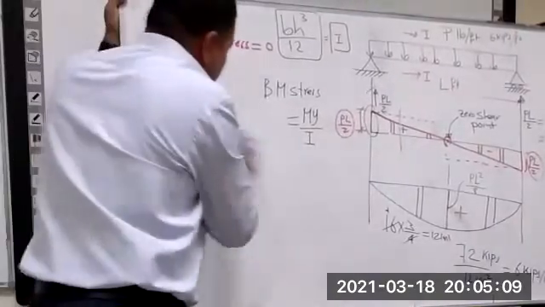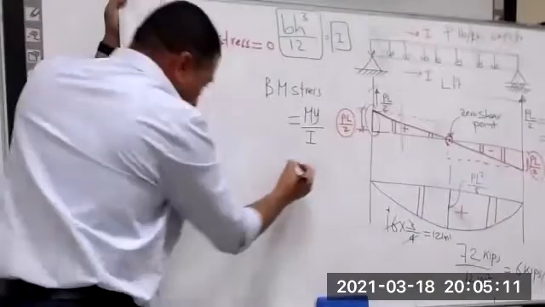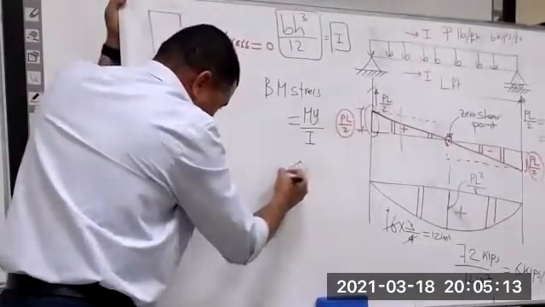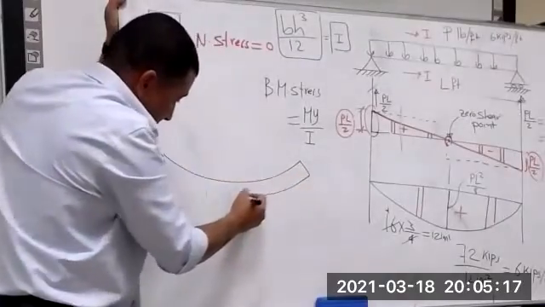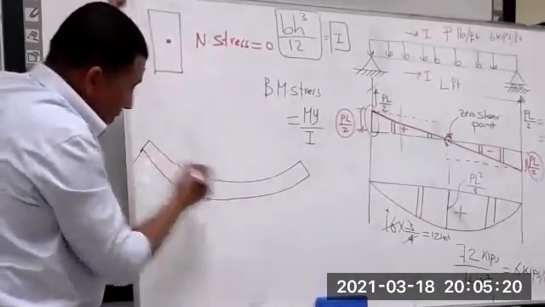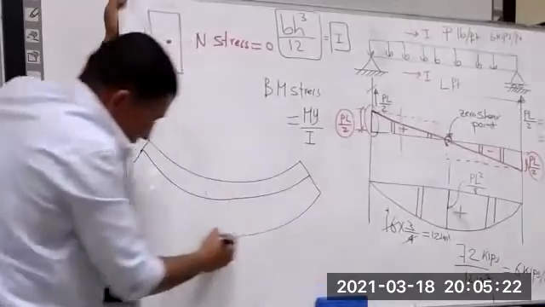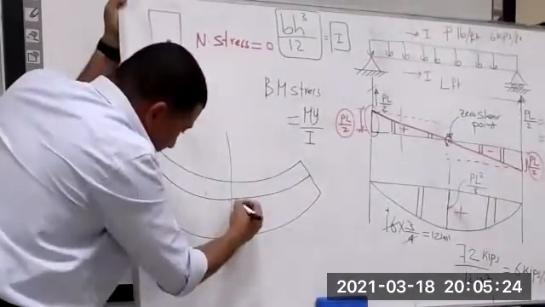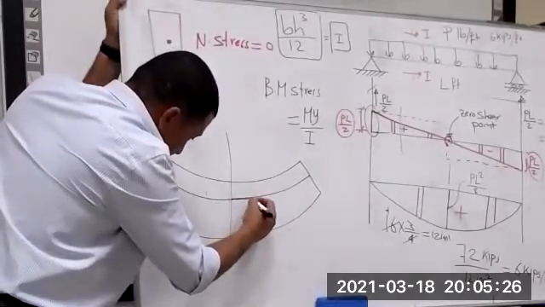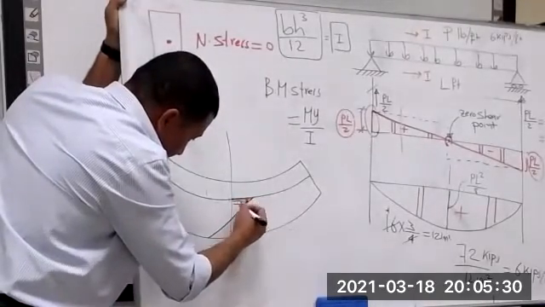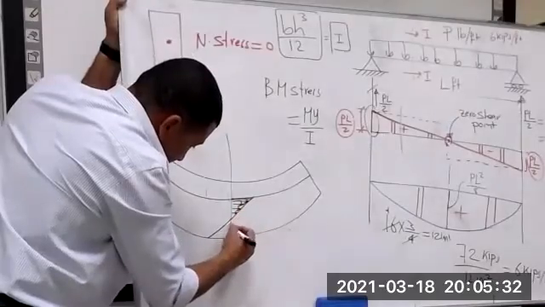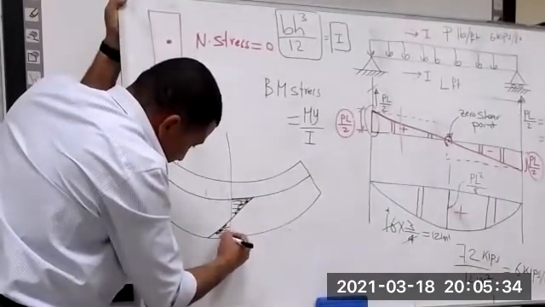If you have a beam, it will bend like that, coming here, tension. Means what?